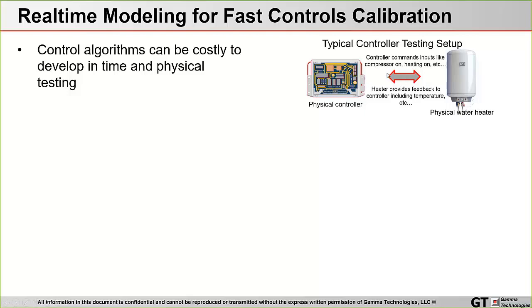The controller commands inputs like when the compressor kicks on or when the heating kicks on and off and so forth. And the water heater sensors feed back to the controller quantities like temperature, flows, and so forth. And so developing the optimum control strategy for the physical controller can be costly in terms of doing physical testing and can take time.